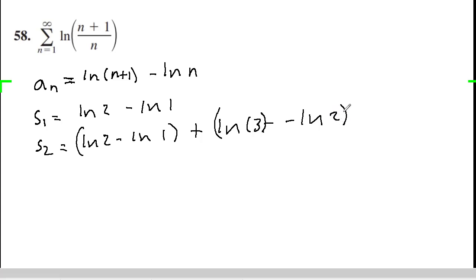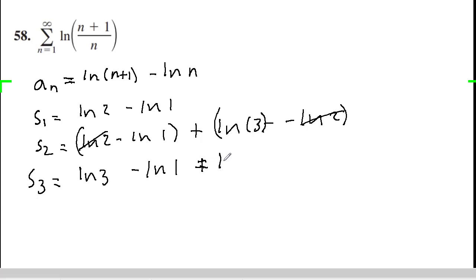Notice here that the natural log of 2's will cancel out. So when we take S sub 3, we only have the natural log of 3 minus the natural log of 1, and we add to that what we get when we put in 3.